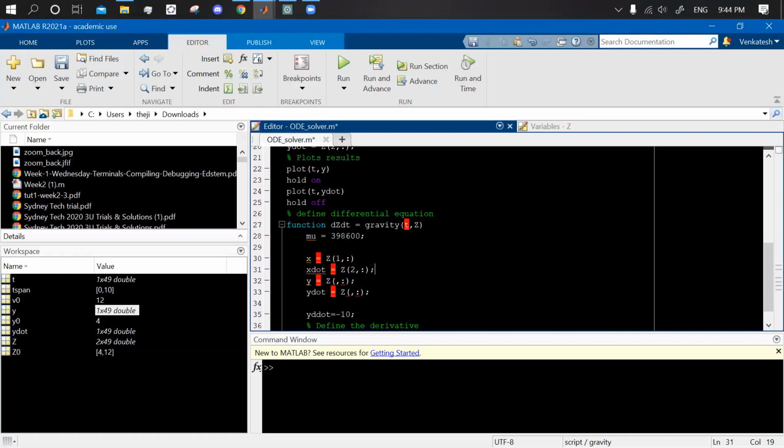MATLAB doesn't care, as far as MATLAB knows it's just where the data is stored. As long as you're picking out data from the right row, it will work exactly the same way. So y is the 3rd row, and y dot is the 4th row. That's how that works.